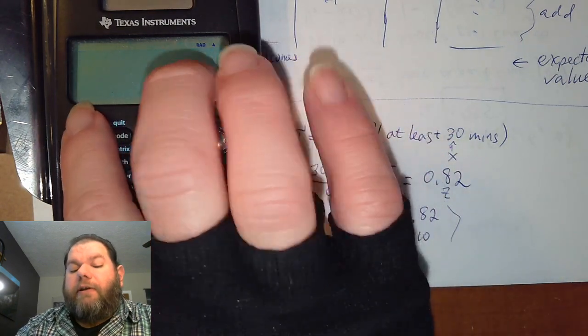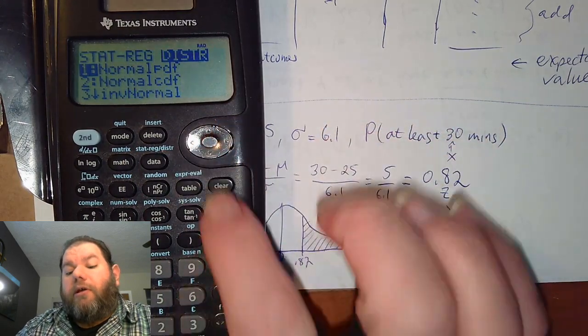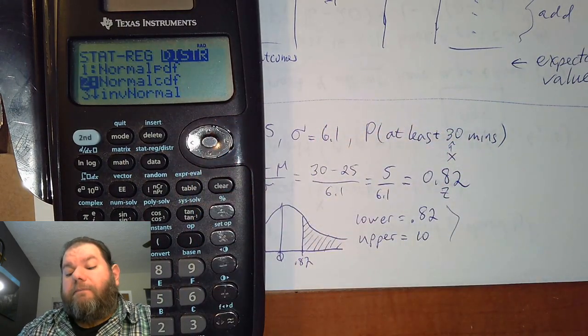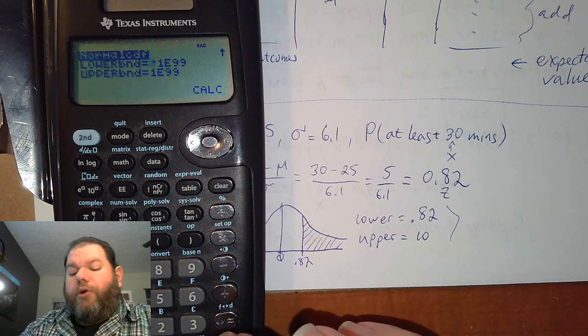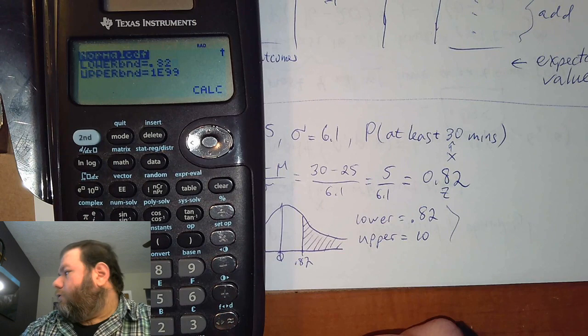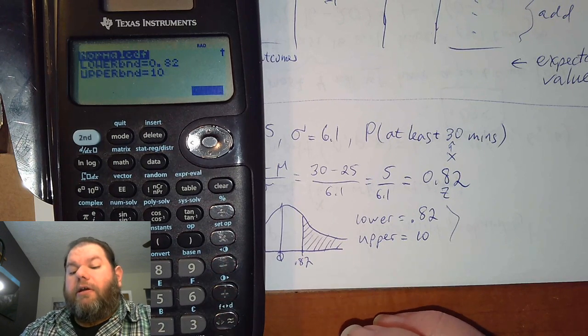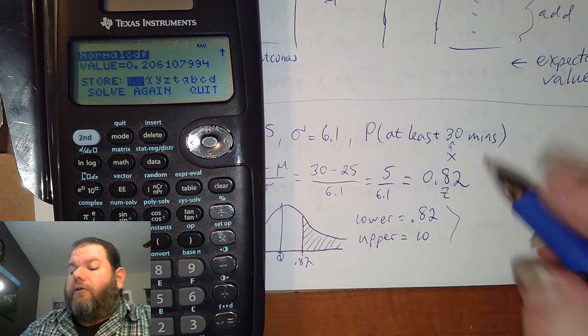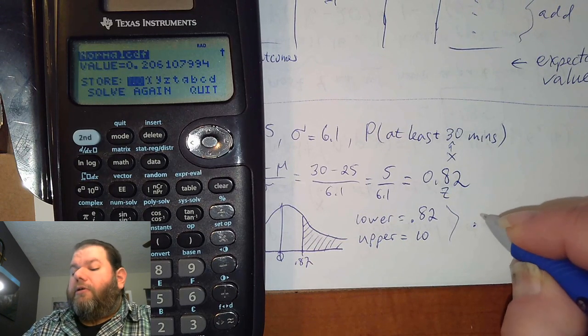So we hit second, data, go over to distribution. We want NormalCDF. Mean is 0, sigma is 1, lower is 0.82, and upper is 10. Calculate. So we get a probability of 0.2061.